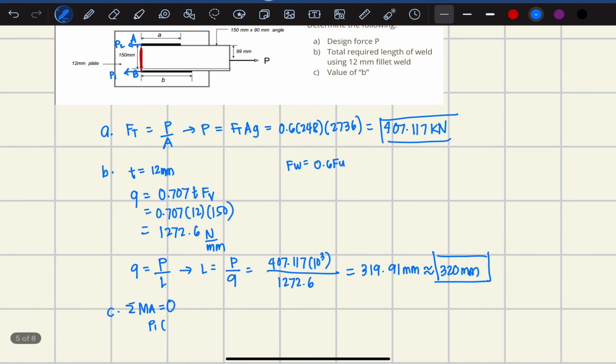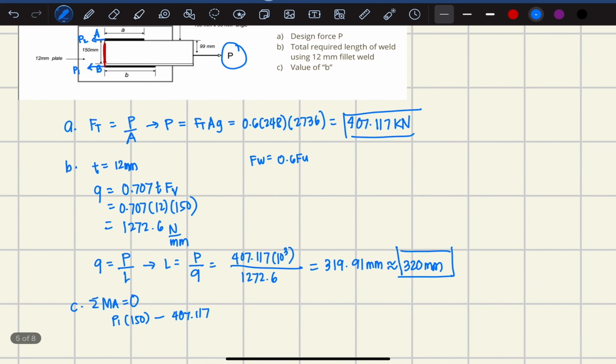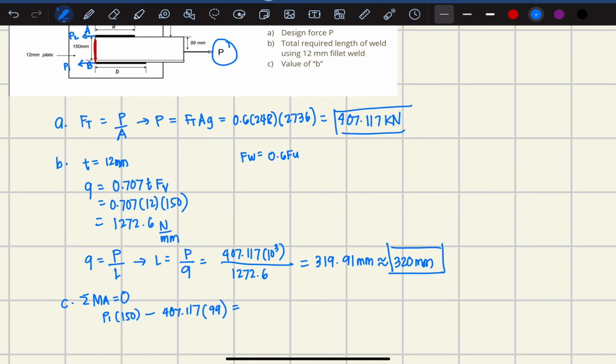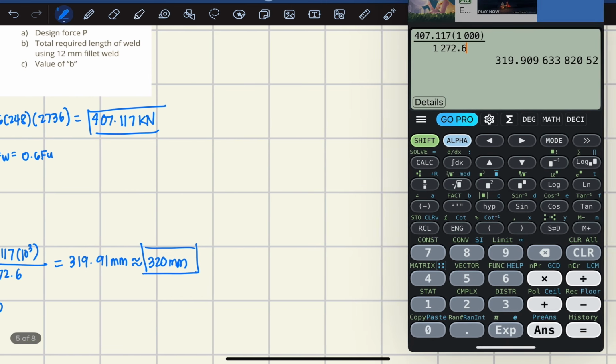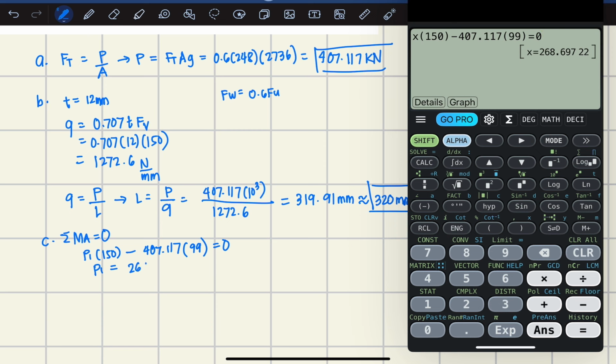So it equals 150 minus the force P we got earlier, 407.117 kilonewton, times the moment arm of 99, equals 0. So P1 is equal to 268.697 kilonewton.